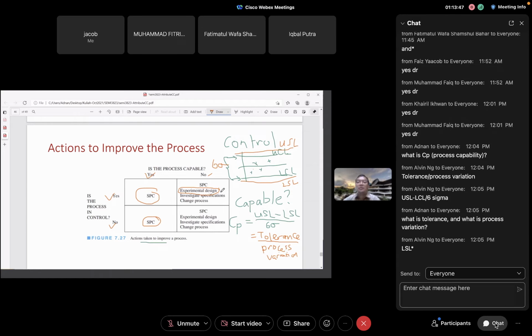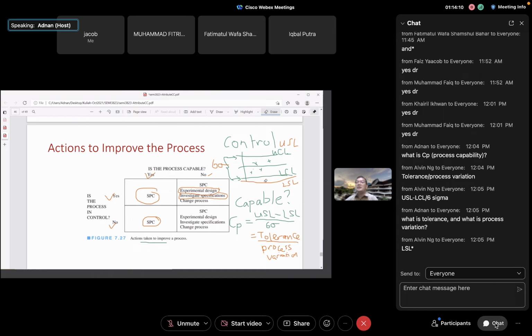So you have to look into using design of experiment to identify the right values for the process. You may also investigate the specification, because the specification may not be possible within the capability that you have.